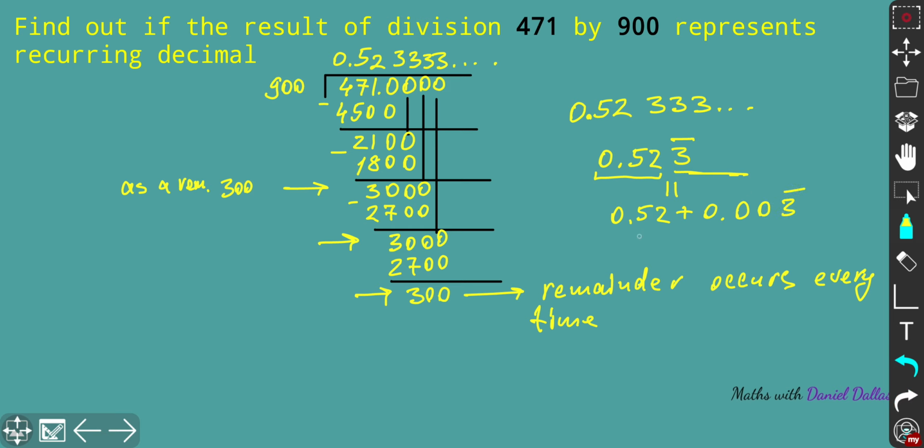So it's a mixture of a fraction that is 0.52 and a recurrent decimal. This part represents the recurrent decimal. But anyway, that's definitely a recurrent decimal, as a positive answer you can guarantee for this question.